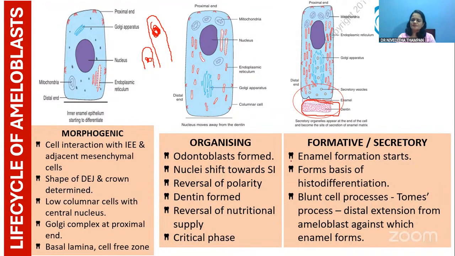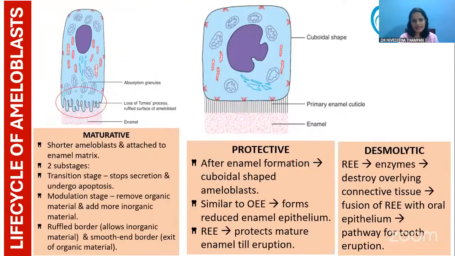For enamel secretion, there are specialized extensions called Tomes' process. Tomes' processes are the distal extensions from the ameloblast against which enamel deposition will happen. The ameloblast has small extension areas called Tomes' process, and it is through this Tomes' process that the ameloblast secretes enamel.